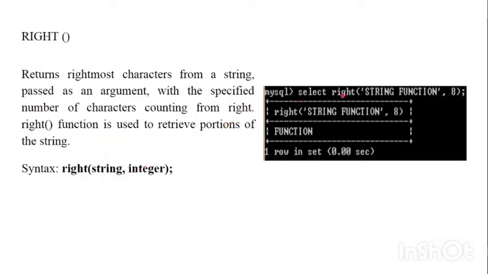Select right string function comma 8. Here string function is the string. So from the right side we have to extract 8 characters: 1, 2, 3, 4, 5, 6, 7, 8. So the output is function.